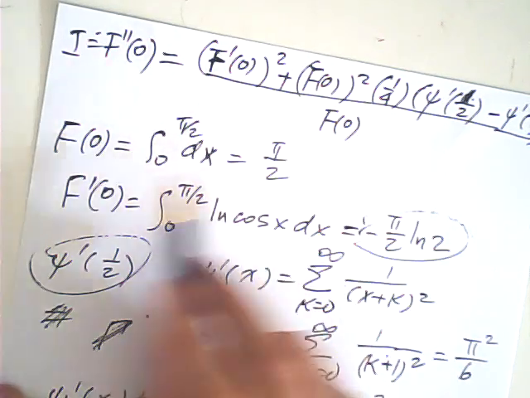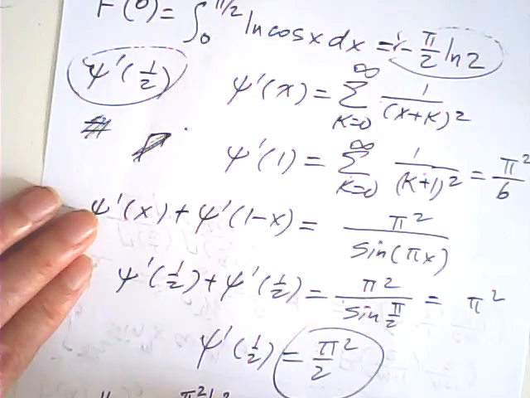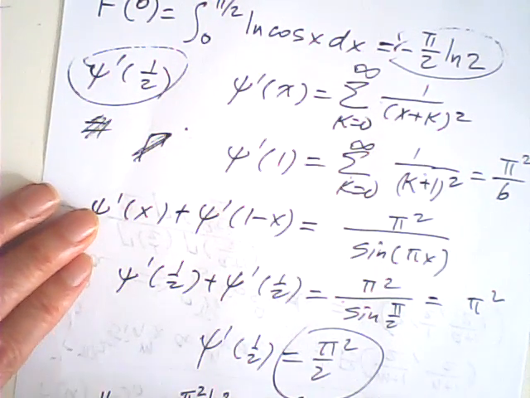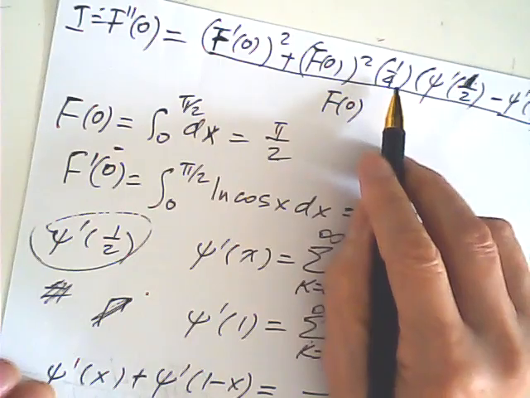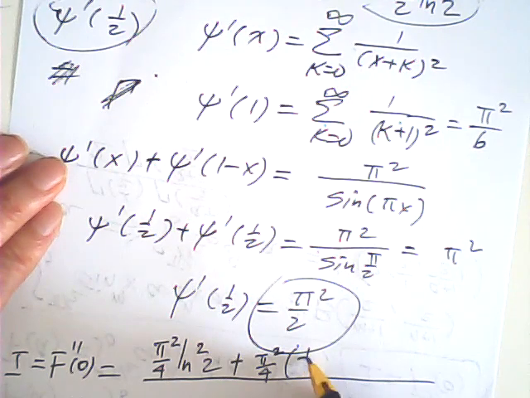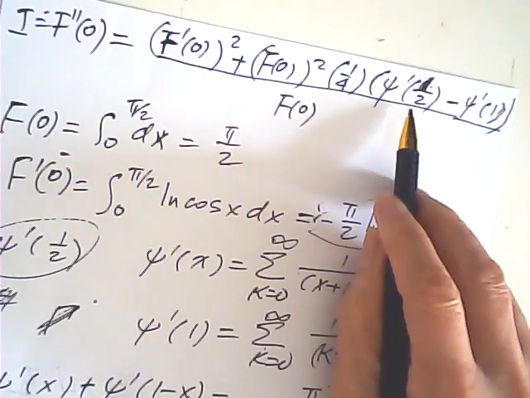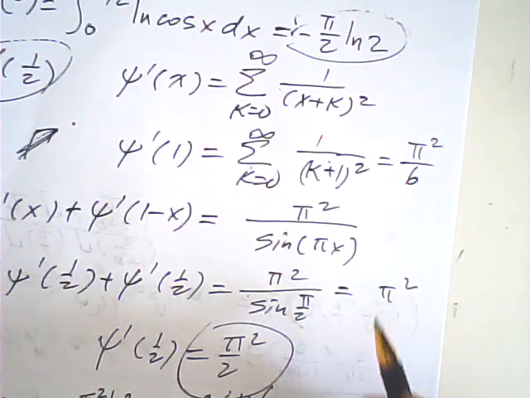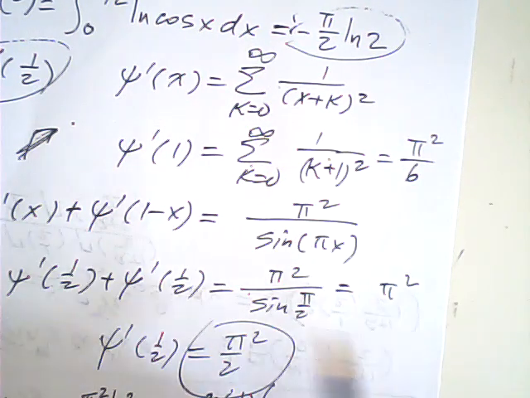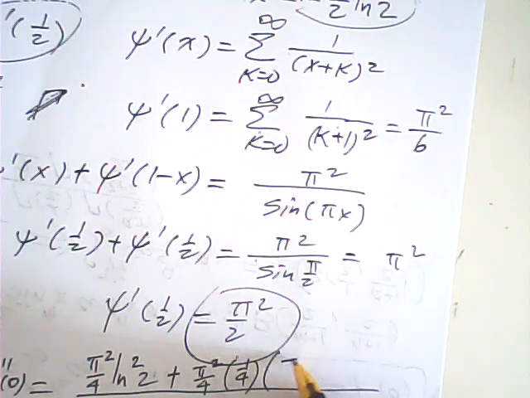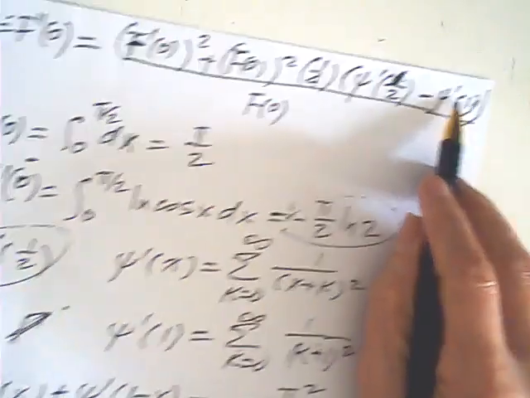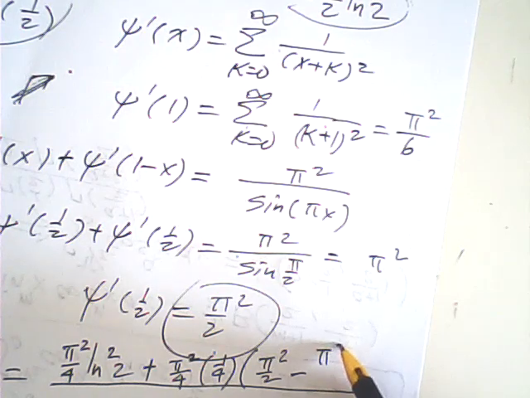f of 0, f of 0 is half pi. So it becomes quarter pi squared, times 1/4, times this one, this one is pi squared over 2, this is pi squared over 6.